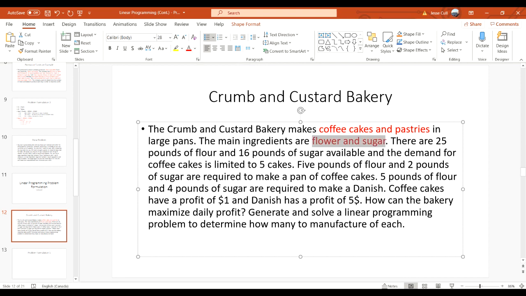There are 25 pounds of flour and 16 pounds of sugar available. So again, this directly relates to what we just talked about and will most likely be the limitation governing how much we can make. The demand for coffee cakes is limited to 5 cakes. 5 pounds of flour and 2 pounds of sugar are required to make a pan of coffee cakes.